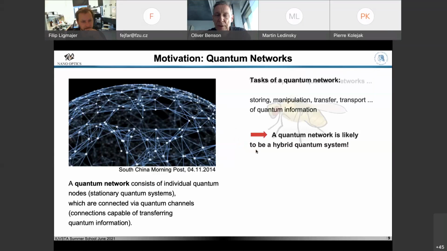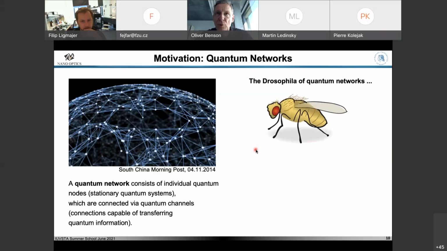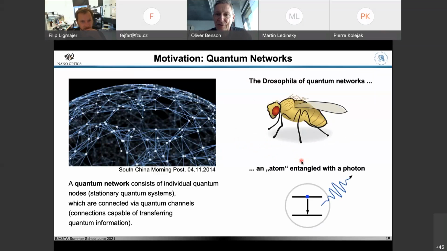And if you take a look at the very fundamental unit, the so-called Drosophila fly of a quantum network, you can say the Drosophila fly of a quantum network is an atom or atom-like object connected to a photon or maybe even entangled to a photon. If you have such a system, you can try to realize other systems.